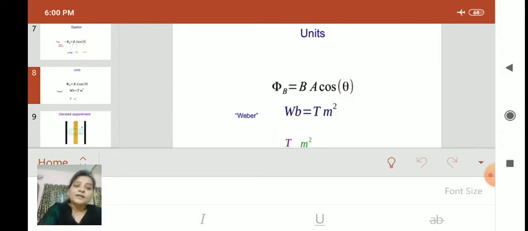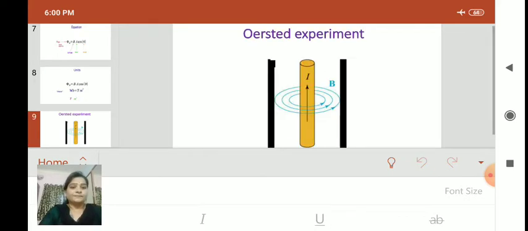So the units of magnetic flux: Weber per meter square into meter square, and hence it is Weber. So you can have the units of magnetic flux as either Weber or Tesla meter square.